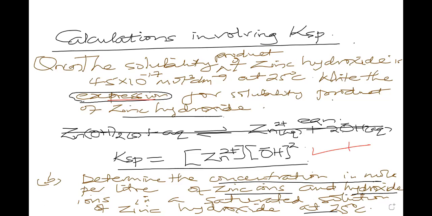So how do you get the concentrations of these ions? Remember, in the question they gave us the solubility product. That's what is given to us in the question.